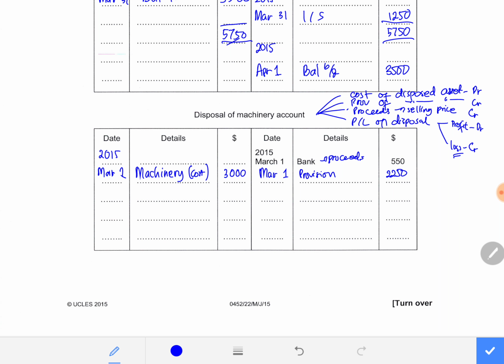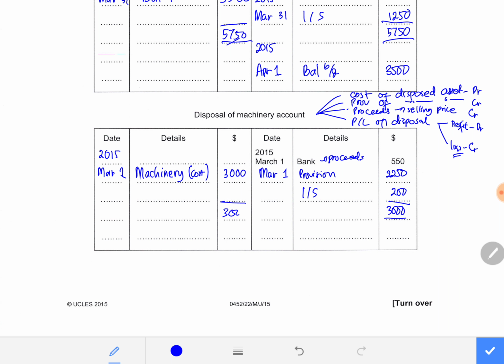So how to post this loss? Because loss is considered as your expense in the income statement, it has to be transferred to the income statement. So you have to put IS instead of loss on disposal. Okay, and the difference is 200, and the total is 3,000.